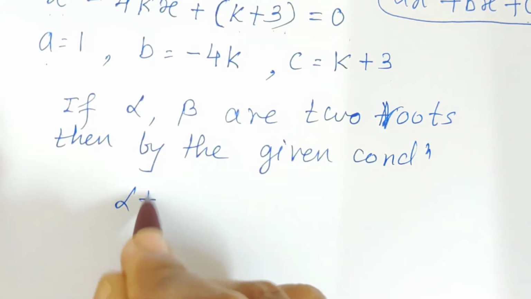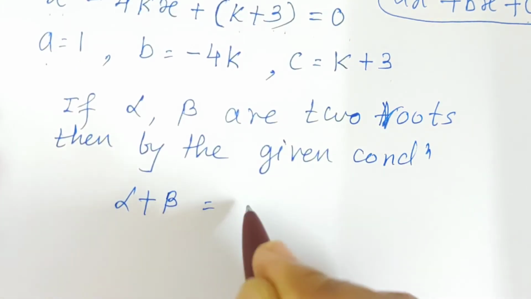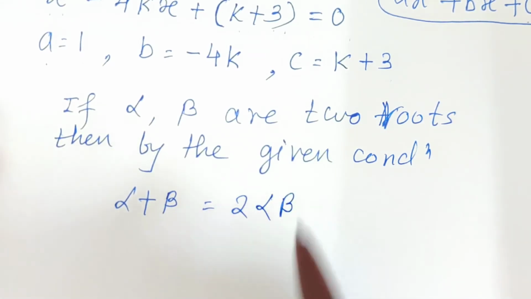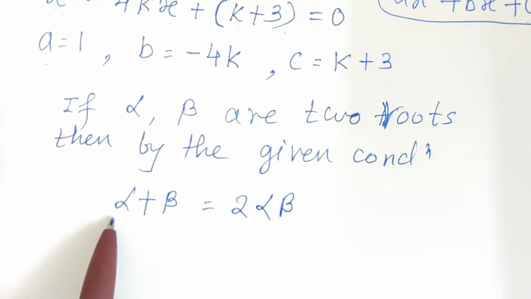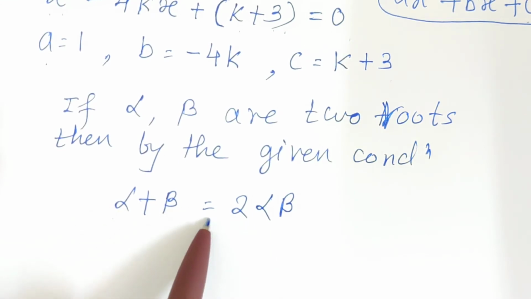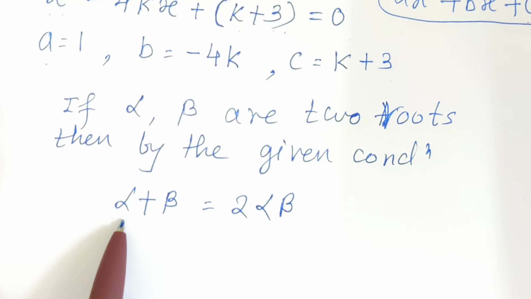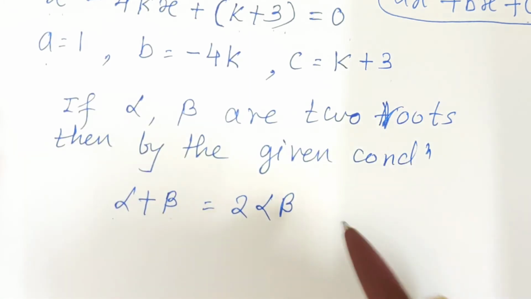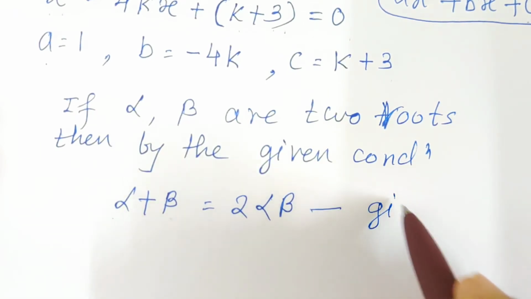That means alpha plus beta is equal to 2 times alpha into beta. The sum of the roots is double of their product, so we multiplied the product by 2. This we get from the given condition.